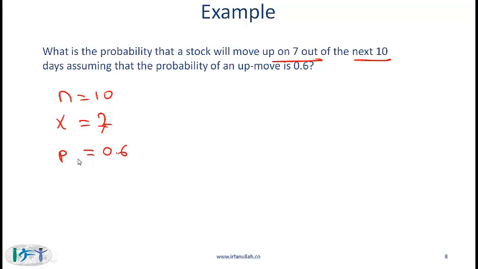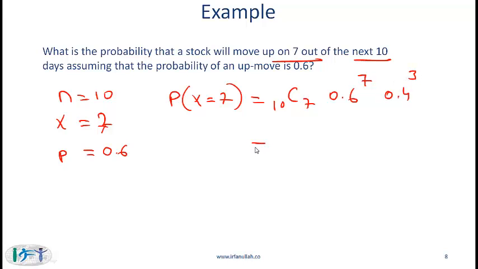The way you solve this is by saying the following. The probability that your binomial random variable is 7 is given by 10C7 multiplied by 0.6 to the power of 7, that's the binomial random variable, times the probability of failure to the power of the number of failures.